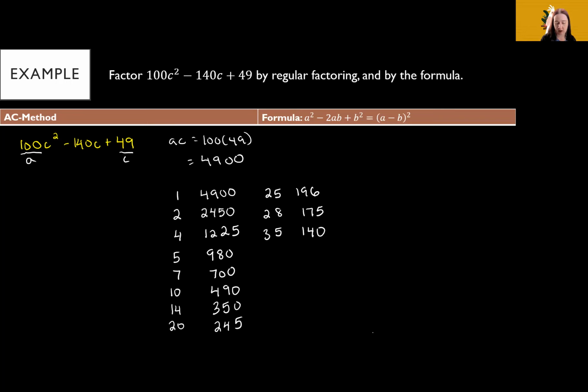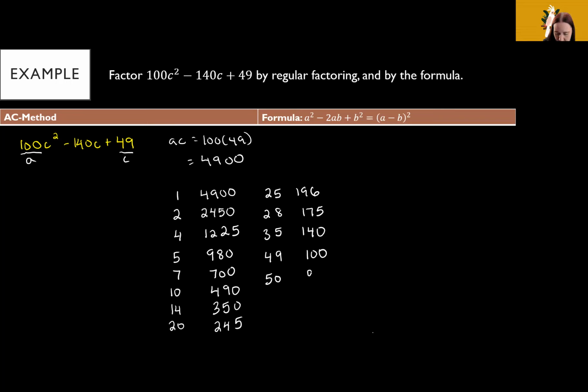And because we're multiplying to a positive and adding to a negative, both of the numbers are going to be negative. So the two numbers that I'm getting out of here, I need to make sure that they add together to get to 140. So none of these add to 140, but we're certainly getting closer. Yeah, 49 times 100. So that adds up to 149. So we're getting closer.